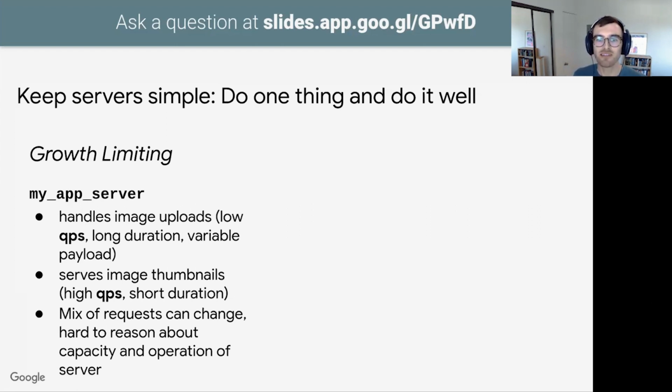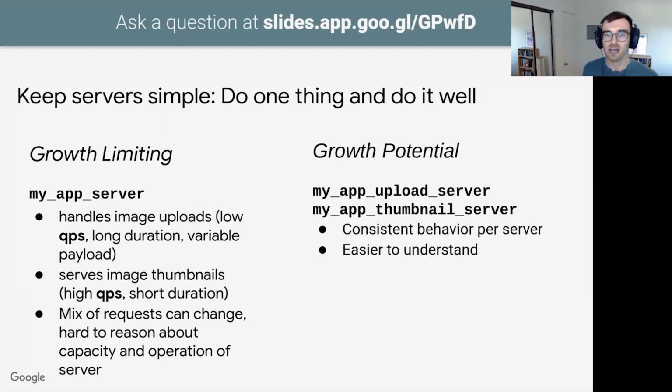So to work around that, we can create two separate servers. One that handles one type of request and one that handles the other. This makes it easier to understand the availability, the capacity, and the behavior of our system now.